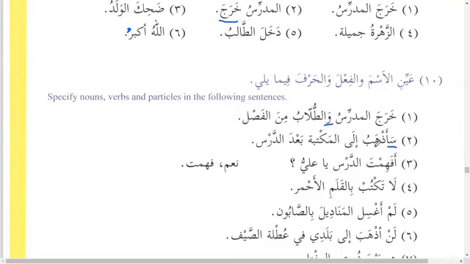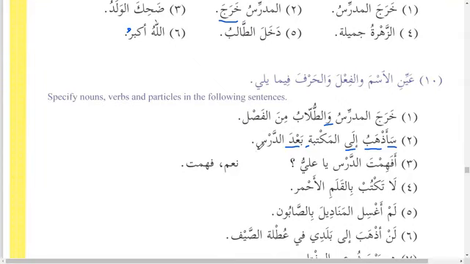Adhabu, it's a verb. إلى, ila, particle. If you want, you can use the Arabic terms as well, so you get used to it. So sa is harf, ism, adhabu fi'l, al-maktabata, ila, ism. Al-maktabati, مكتبتي, ismun. Bad? Zarf. It's ism al-zarf, excellent. It falls in the category of the noun as well, but it's special: a special noun.